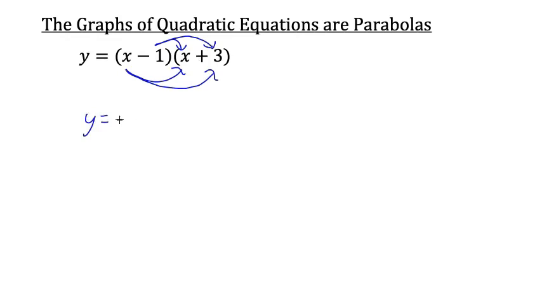So x times x is x squared. x times 3 is 3x. -1 times x. And -1 times 3. So when we multiply these two binomials, we see that we do indeed get a quadratic equation because the highest power is x squared.